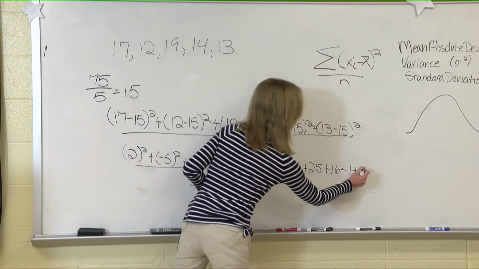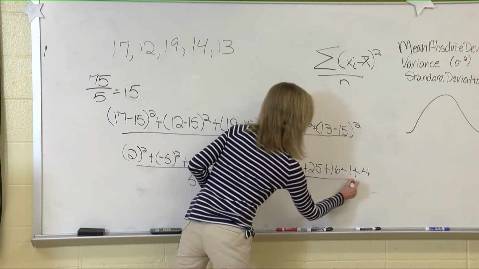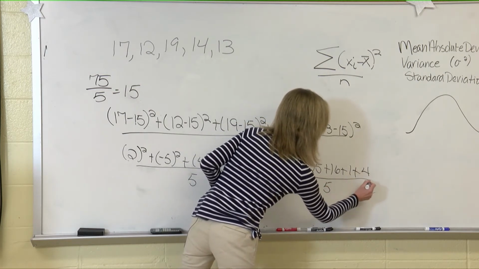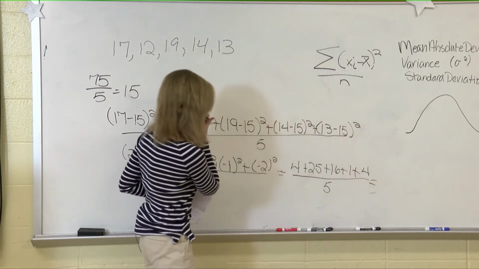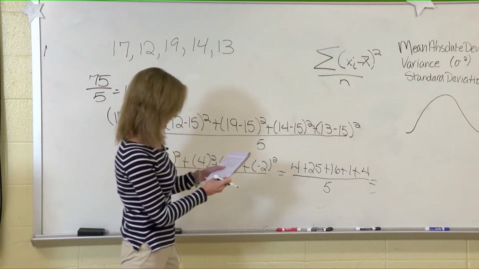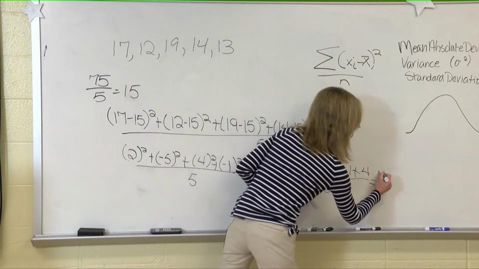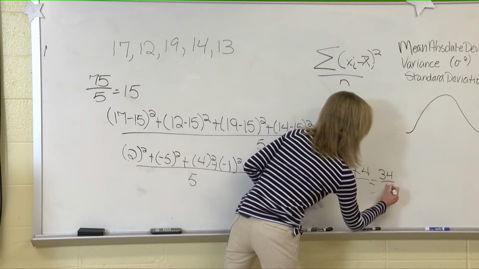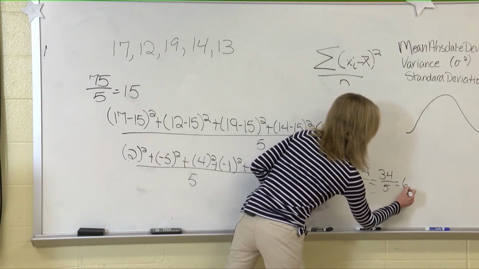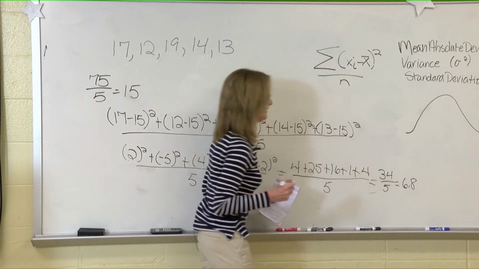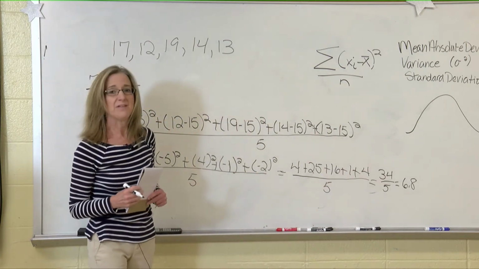And then negative 2 squared is 4. And I'm going to divide by 5. When I add these together, I get 34 over 5, and that gives me 6.8. And that is my variance.